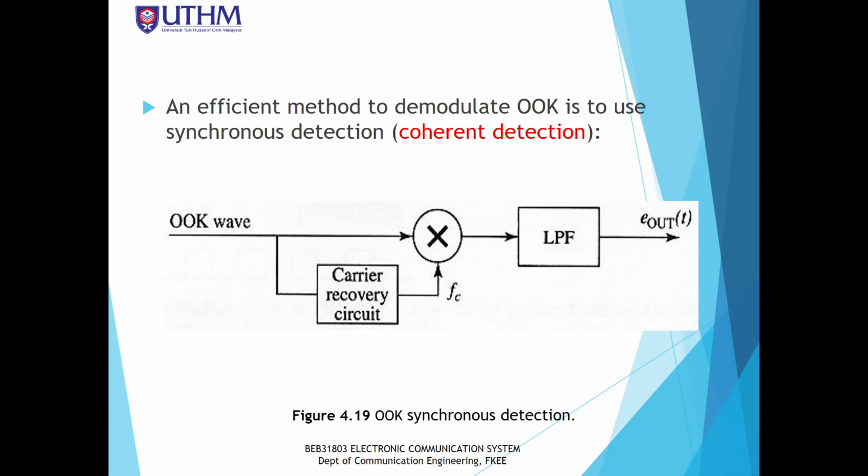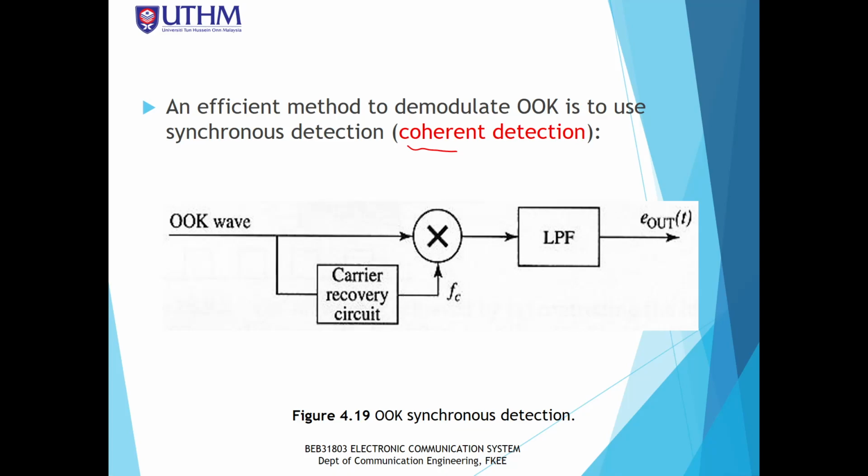And for the receiver, what happens in the receiver? We can use coherent detection for the receiver. Coherent means that we are using carrier information to do the demodulation process at the receiver.